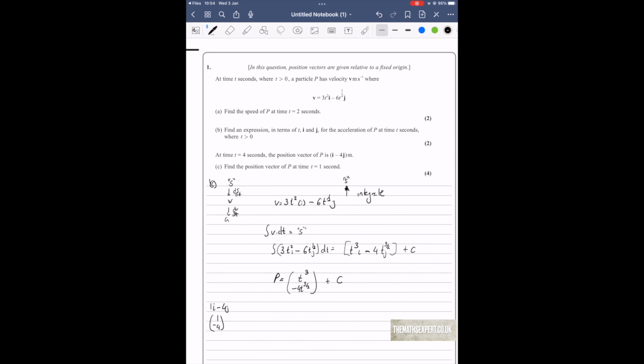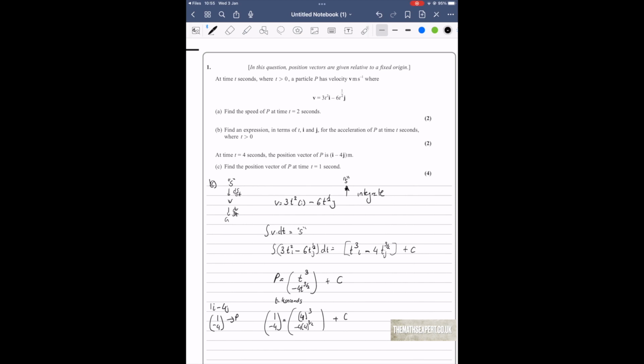So P is going to become 1, minus 4. We know t equals 4 seconds, so I'm going to substitute 4 in here. So that's going to be 4 cubed, minus 4 to the 3 over 2, plus c.